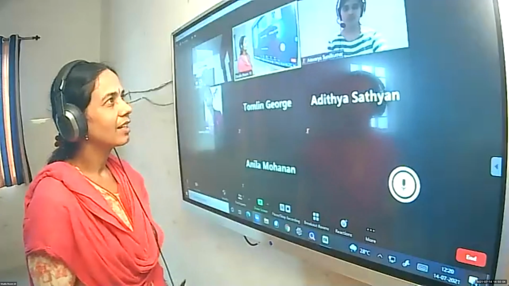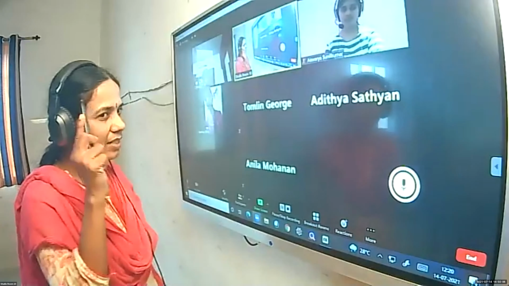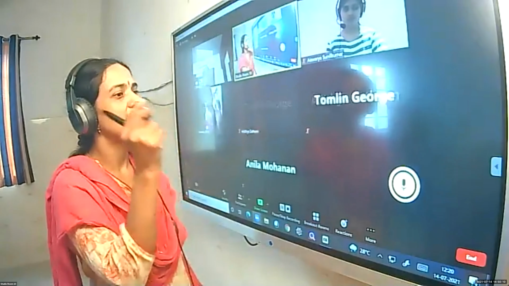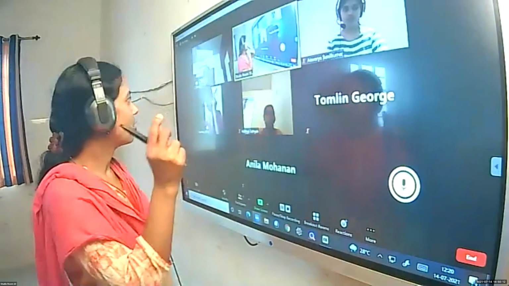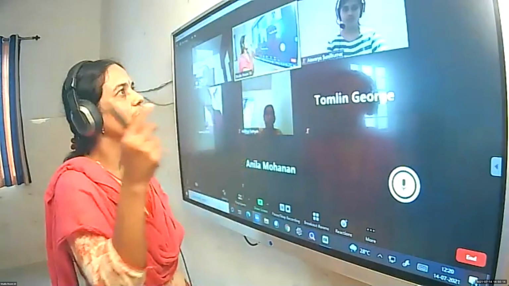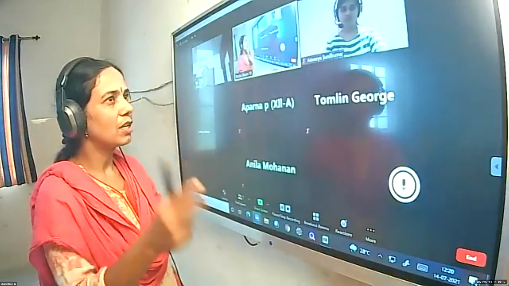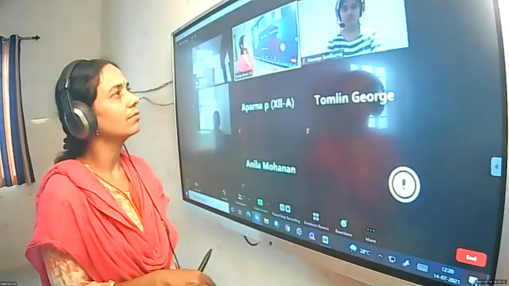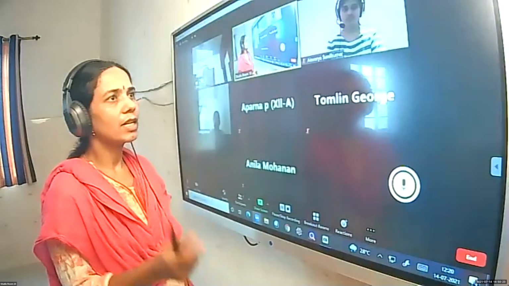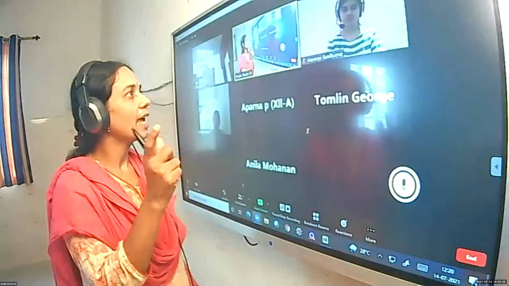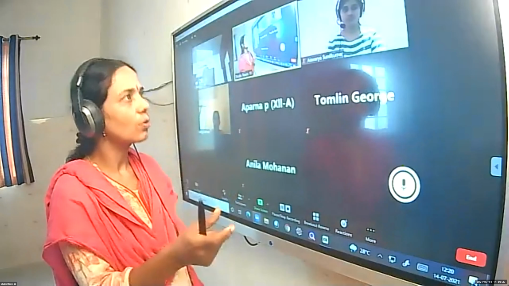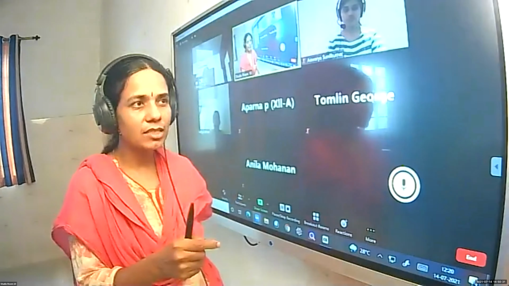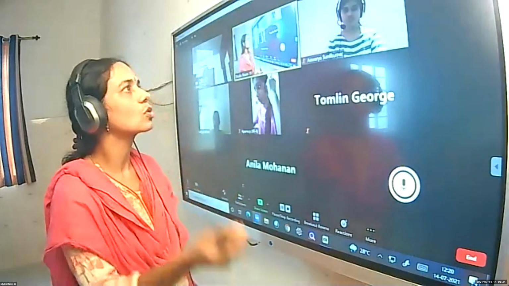Okay, listen. In the first problem, when she explained, we got the first derivative of the function as a number, a single number, 3 or 5. So from that value, we can decide it easily. But look at the second one. In the second one, we are not getting a number. We are getting an expression, a linear equation. So whenever we get a function in x, we should equate it to 0 and solve for that.